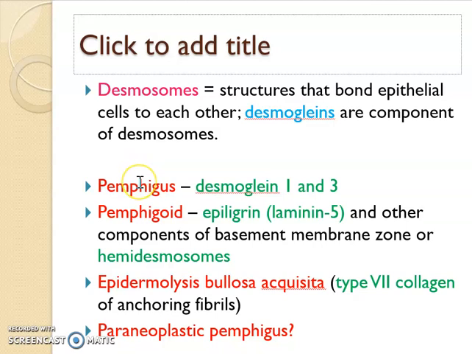For example, in pemphigus, it's very important that desmoglein 1 and 3 will be attacked, while in pemphigoid, epiligrin or laminin 5 and other components of the basement membrane zone or hemidesmosomes are attacked, while in epidermolysis bullosa acquisita, type 7 collagen will be attacked. Paraneoplastic pemphigus is quite a rare lesion that is good to know, but not that important for exams. Good news for you.